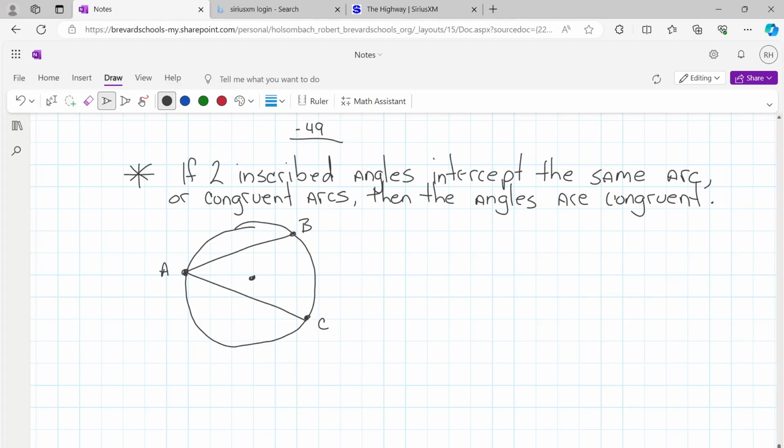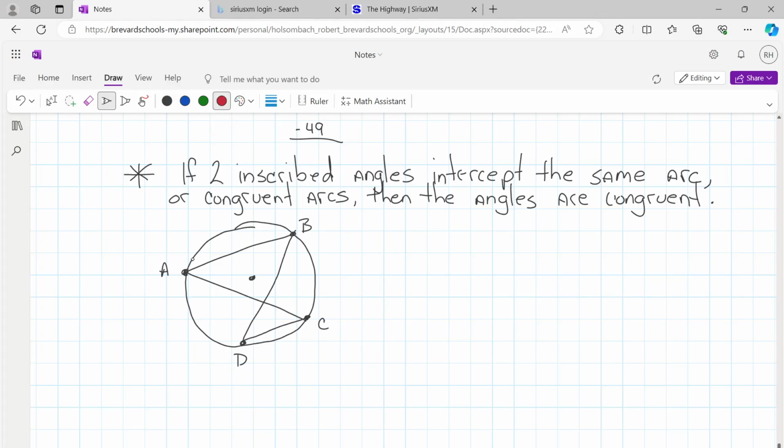Now, if we draw another inscribed angle that intercepts the same arc, we could put point D down here and form a chord from D to B and from D to C.